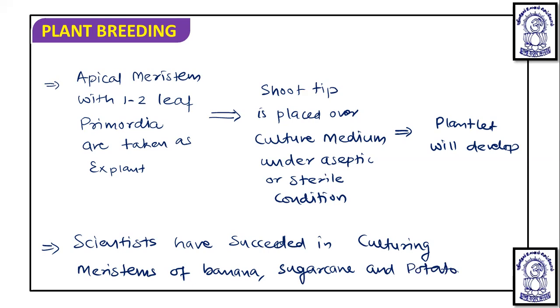So this is the first type of culture, that is meristem culture.